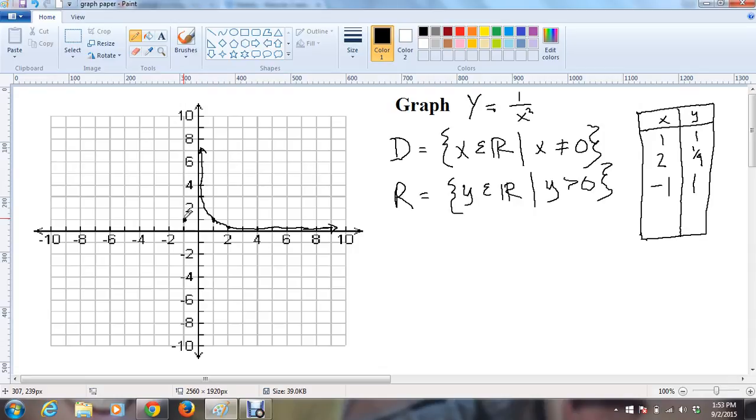So we realize that y is always going to be positive, and what we're going to get is a mirror image of what happened in the first quadrant. Because now we're putting in negative values for x, but we're getting positive values for y, and they're acting just the same way. If x is getting closer and closer to 0, some very tiny fraction in magnitude, then y shoots up.